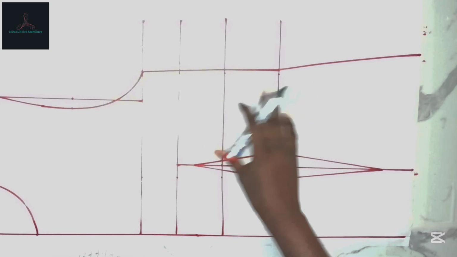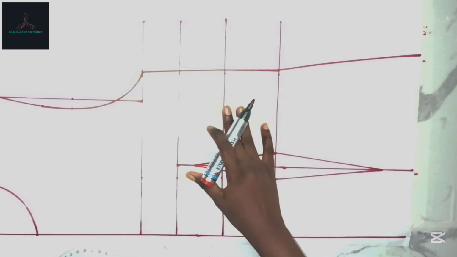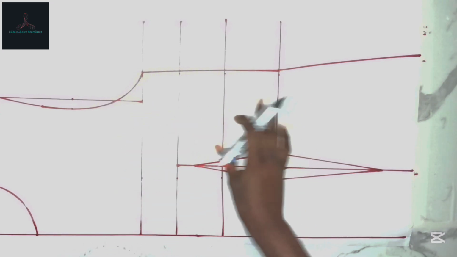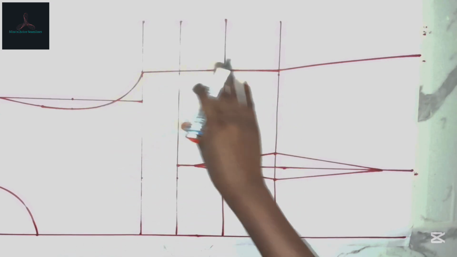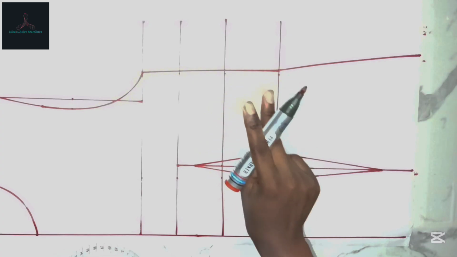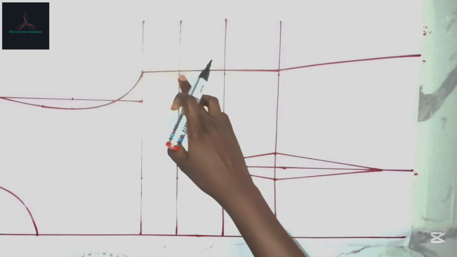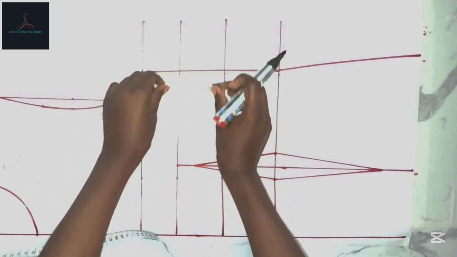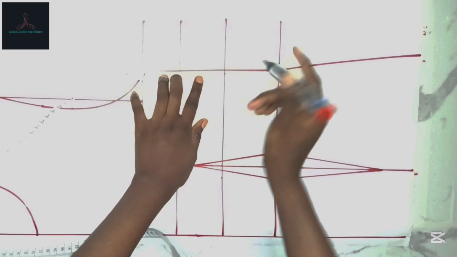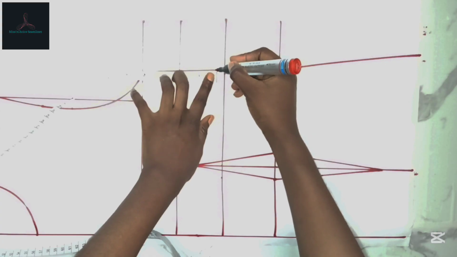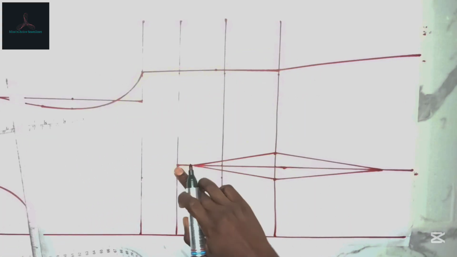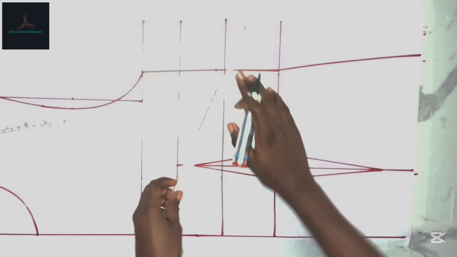In this case, our front waistline is 16 inches and back waistline is 14 inches. 16 inches minus 14 inches gives us 2 inches, and that is what I am going to take here below my bust point. I am going to rule it onto this point here.